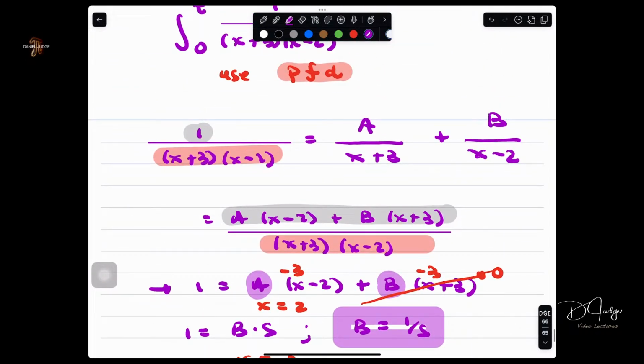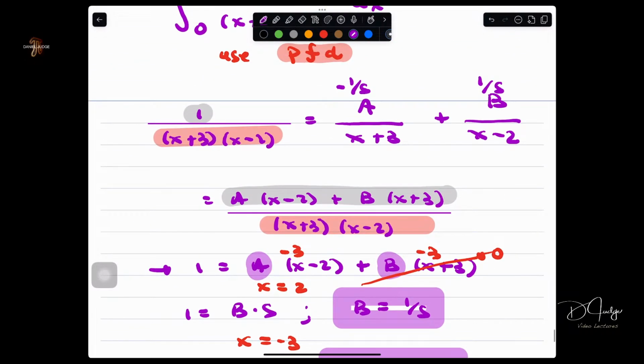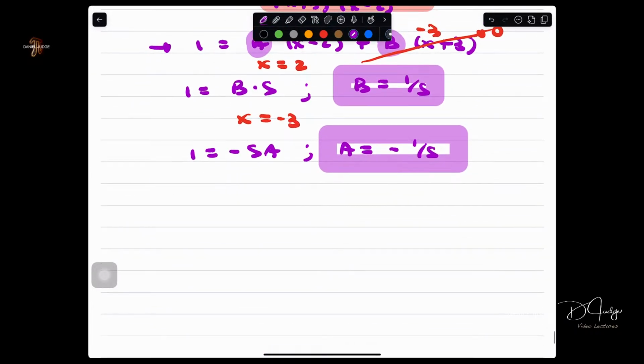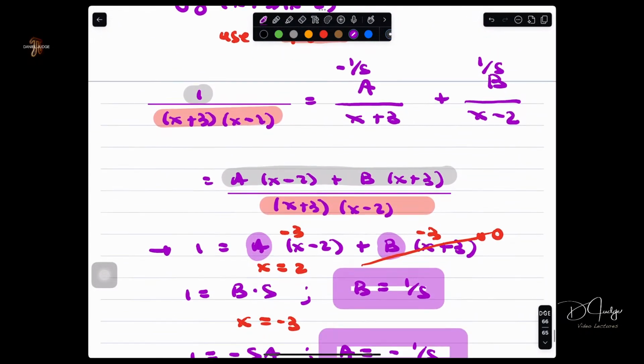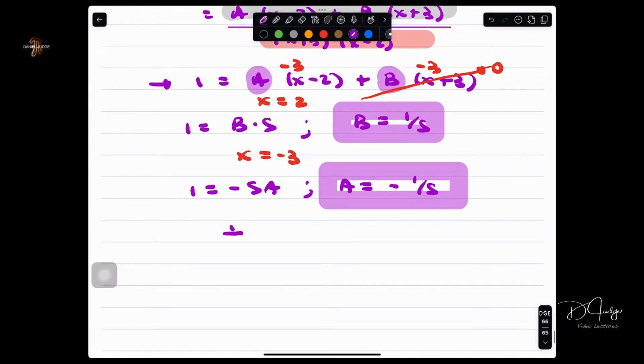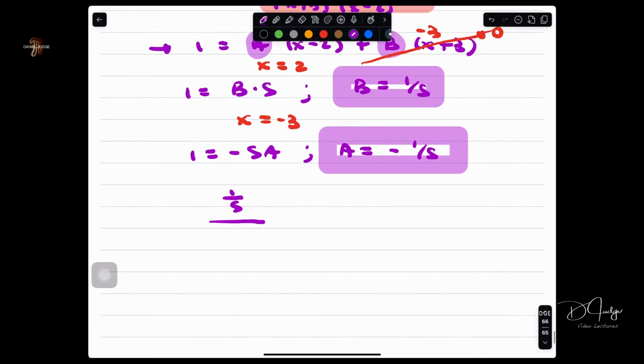A is -1/5, right over here. B is +1/5. Okay, let's double check there. All right, so this integral, I'm going to write it as 1/5 over x minus 2 minus 1/5 over x plus 3.